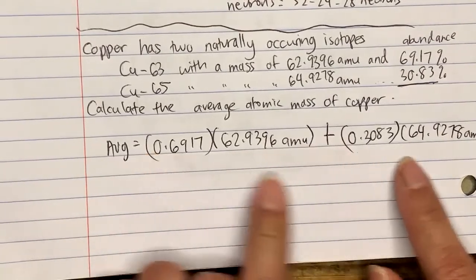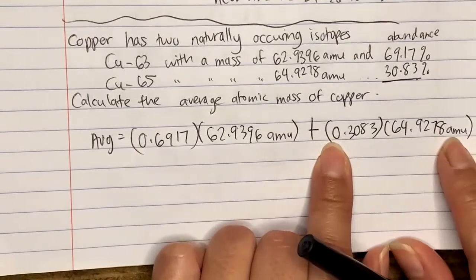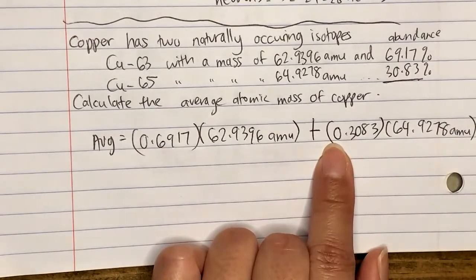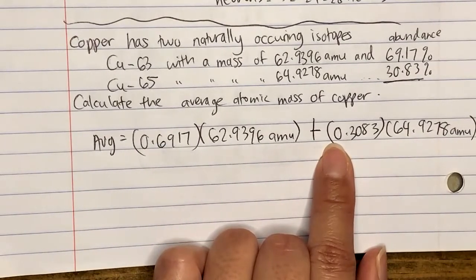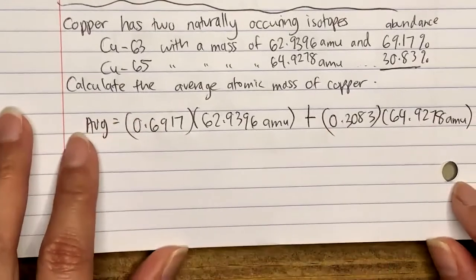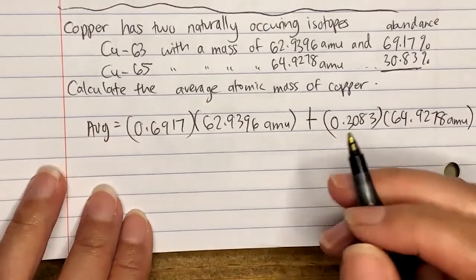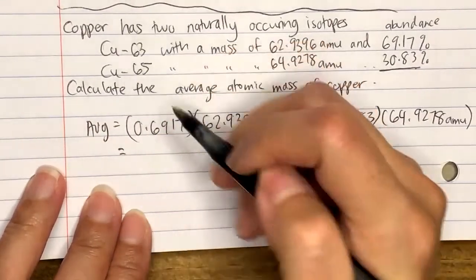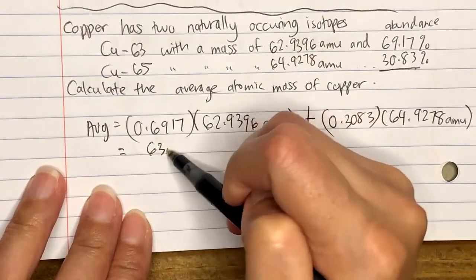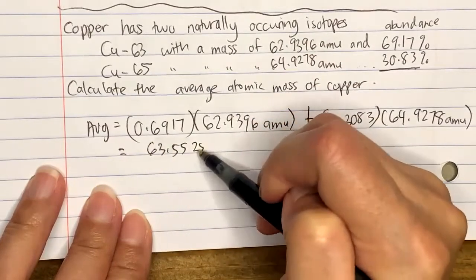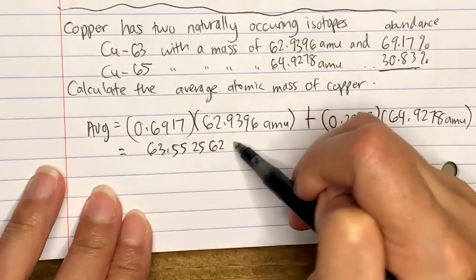So what I like to do is put these numbers in a calculator, okay? And then hit plus, and then do these numbers in the calculator at the same time. I try not to round at all. I keep all my numbers in my calculator. So you have to get good at using parentheses in your calculator, okay? Now in this case here, you'll end up getting 63.552562 AMU.